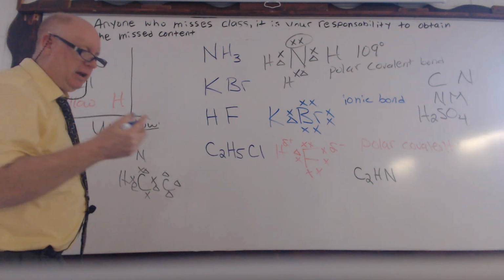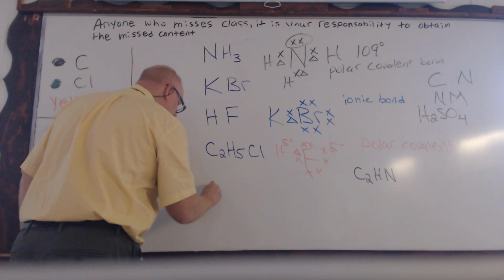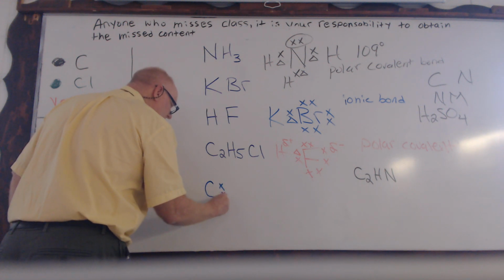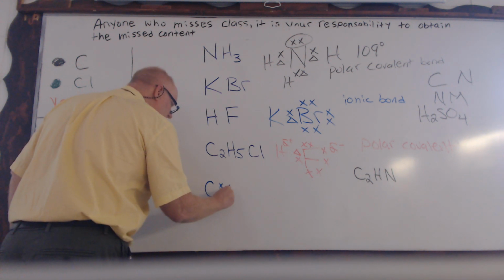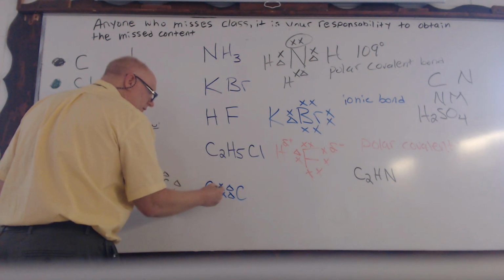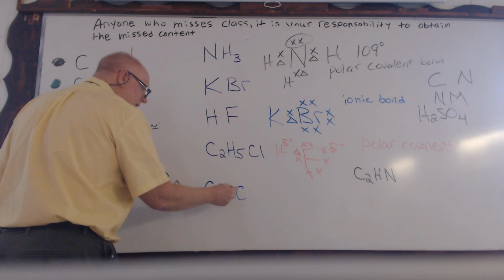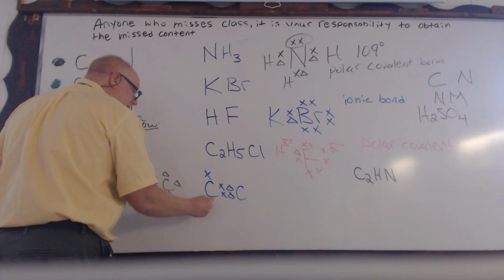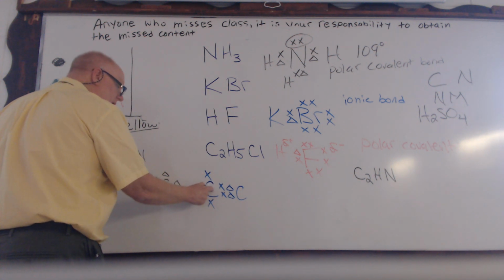Double. Okay, so what you're doing is this between your carbons, and those are just horizontal lines. Okay, so this one, we go there and there, that takes care of this carbon.